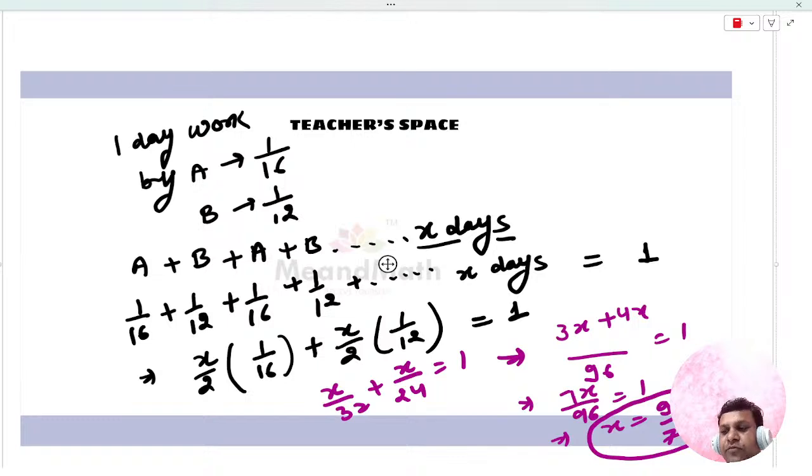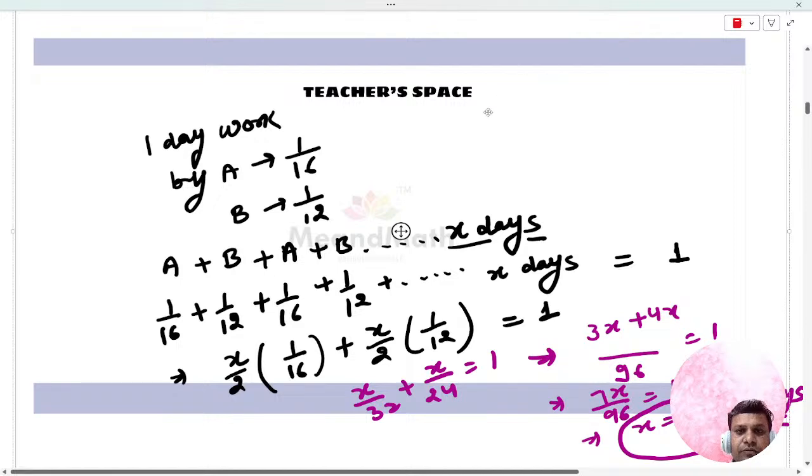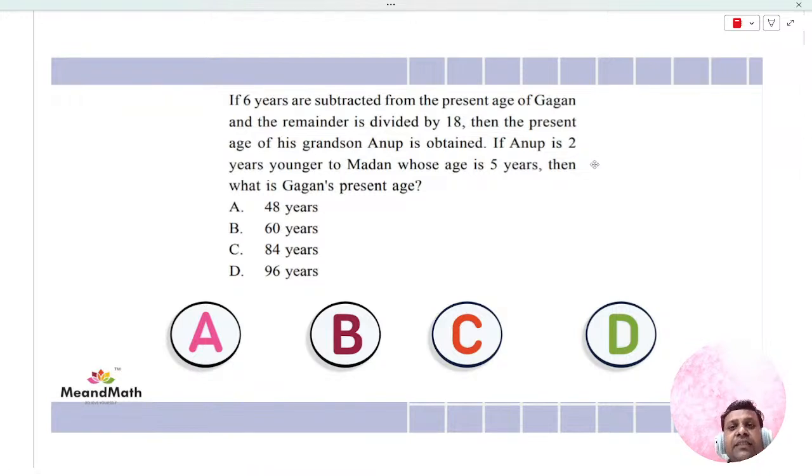Okay, now let's move to the next question. Question number 2. If 6 years are subtracted from the present age of Gagan and the remainder is divided by 18, then the present age of his grandson Anup is obtained. If Anup is 2 years younger than Madan, whose age is 5 years, then what is Gagan's present age?